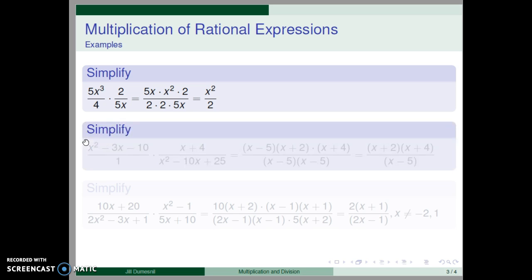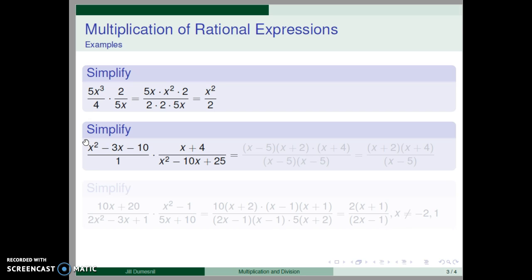Now our rational expressions have more than one term in the numerator and in the denominator. We proceed with multiplication as before, writing each numerator and denominator in factored form.